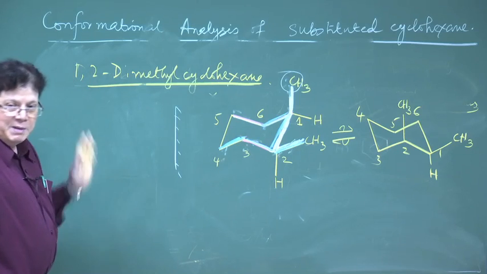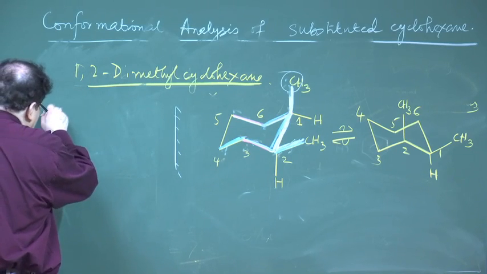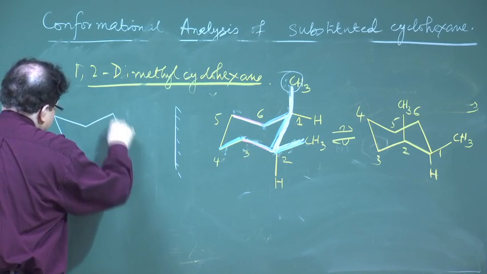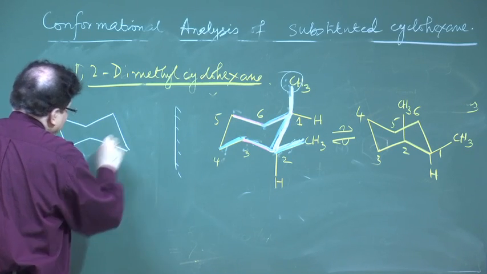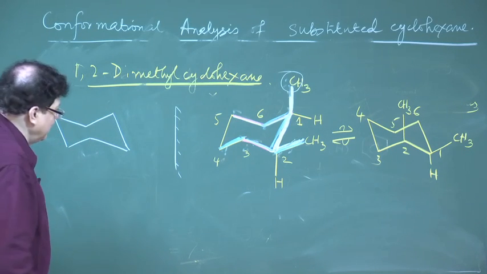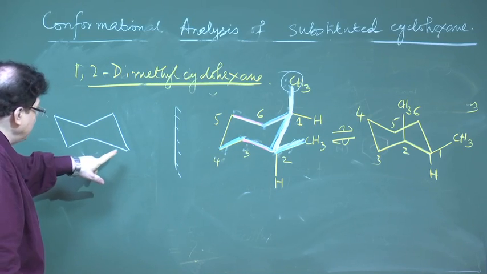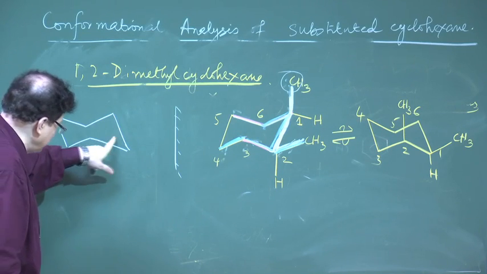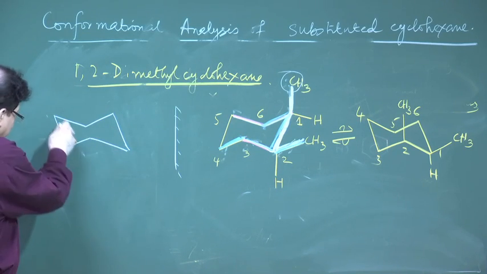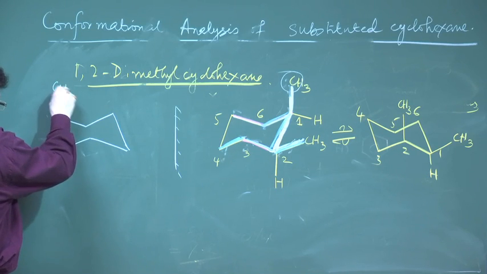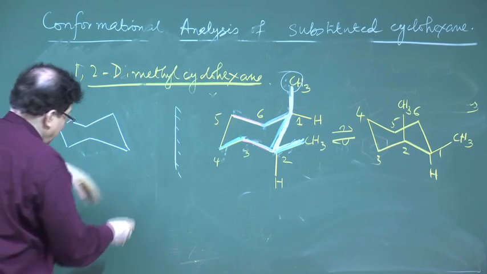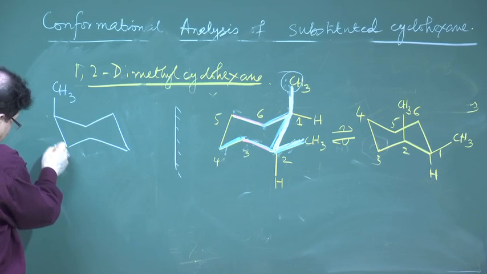So, better draw the mirror image and then try to see whether they are the same or not. In the mirror image, the chair has to be the mirror image, and then put the groups. So, this methyl will be here and the other methyl will be on this side.